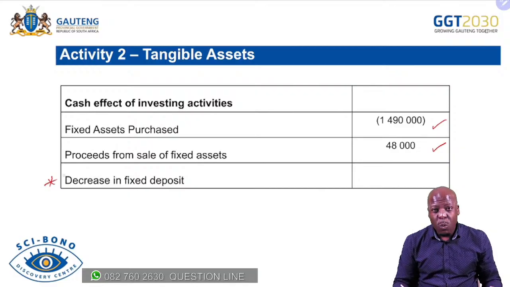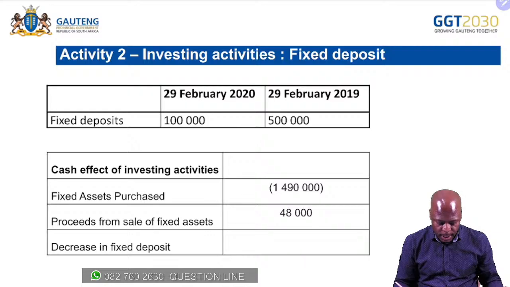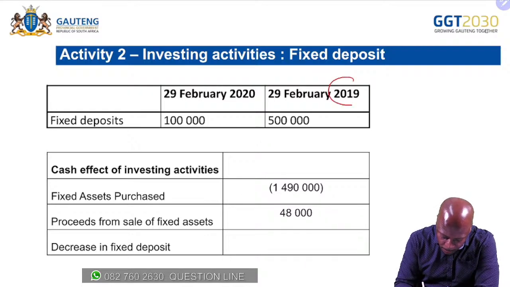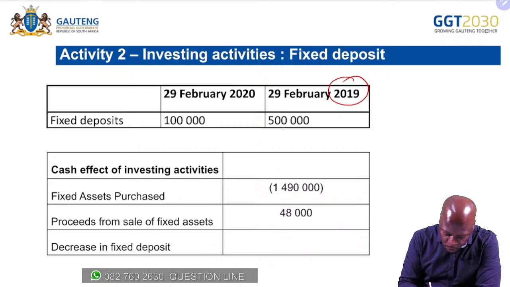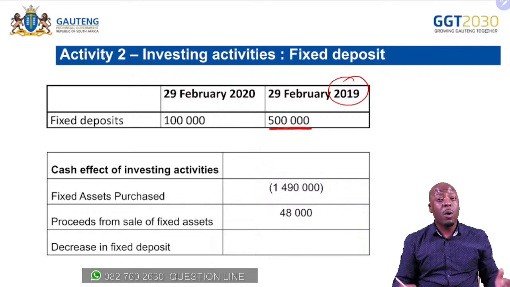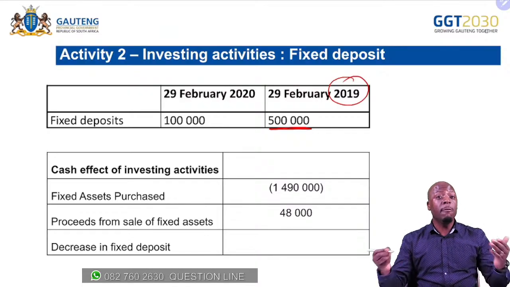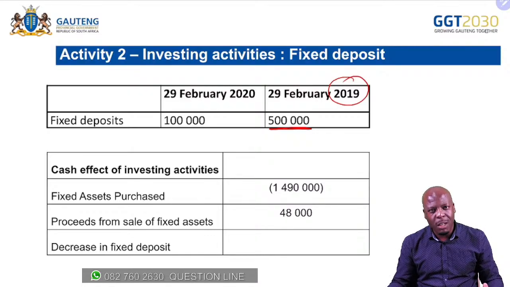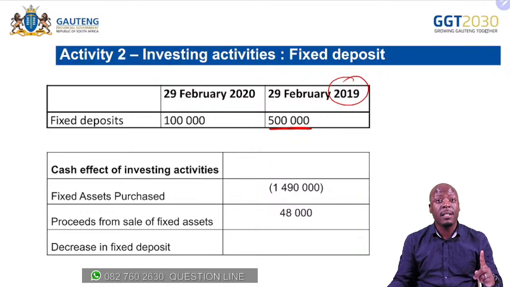Now, we are looking at either an increase or a decrease. Let's look at it here. In the year 2019, our fixed deposit was 500,000. In 2019, the previous year, we had 500,000 at the bank as an investment. But this year, we don't have 500,000 anymore. We now have 100,000.